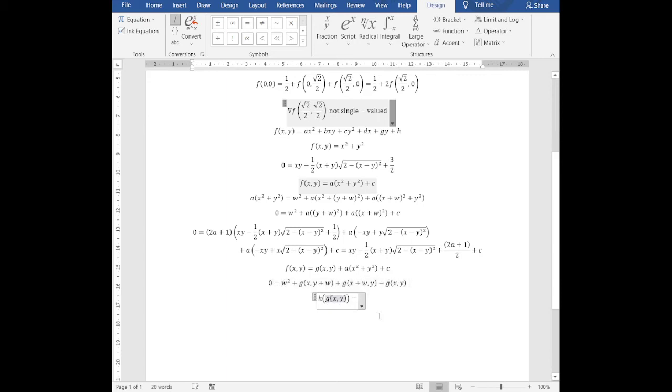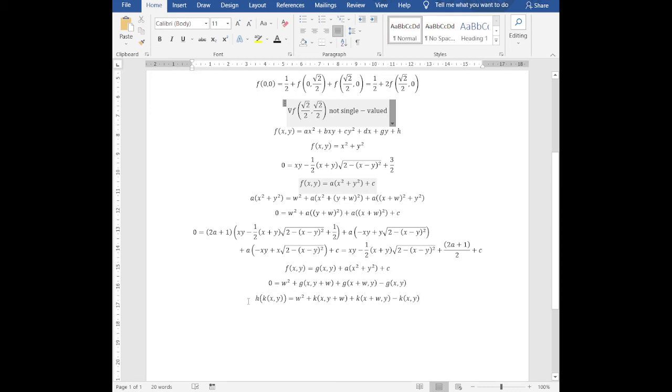I guess I shouldn't have used g because we've already defined that, so some arbitrary function k. I'm going to define it to be this.